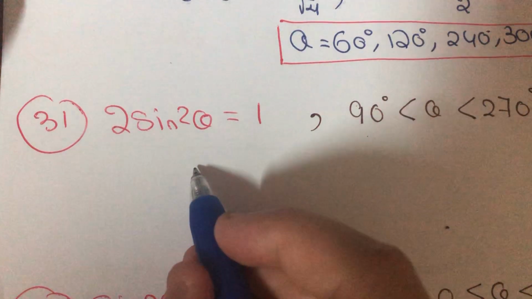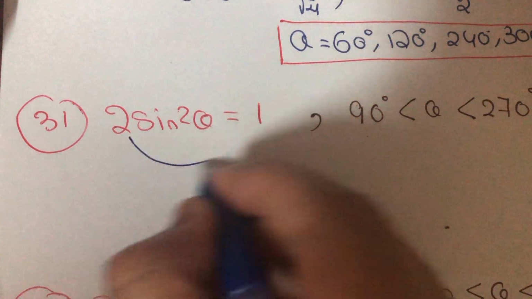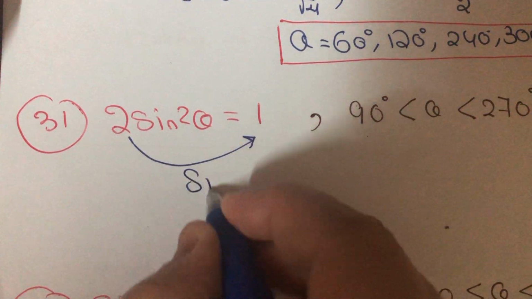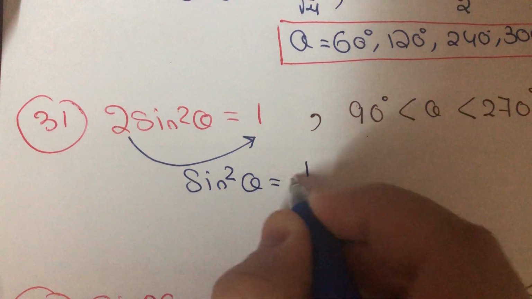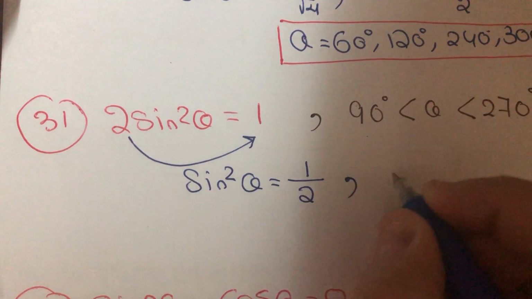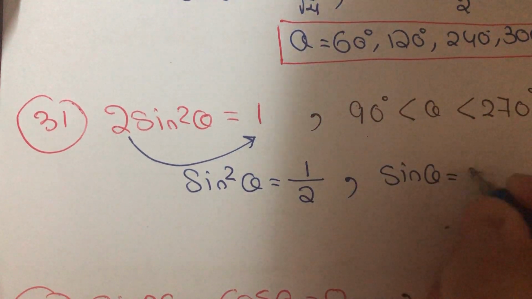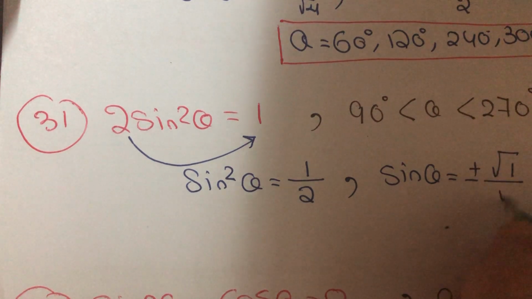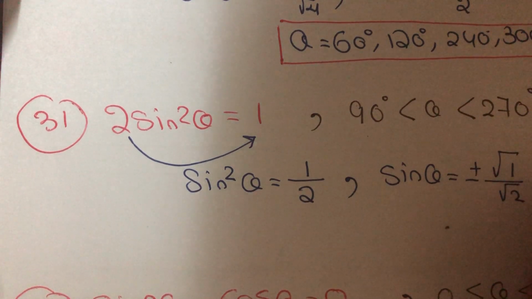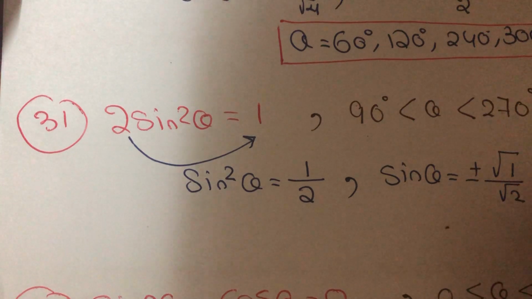The second question, question 31, again my first step is to kick the 2 out. So sine squared theta equals half, and then sine theta equals plus or minus root of 1 over root of 2, which is plus or minus 1 over root of 2.